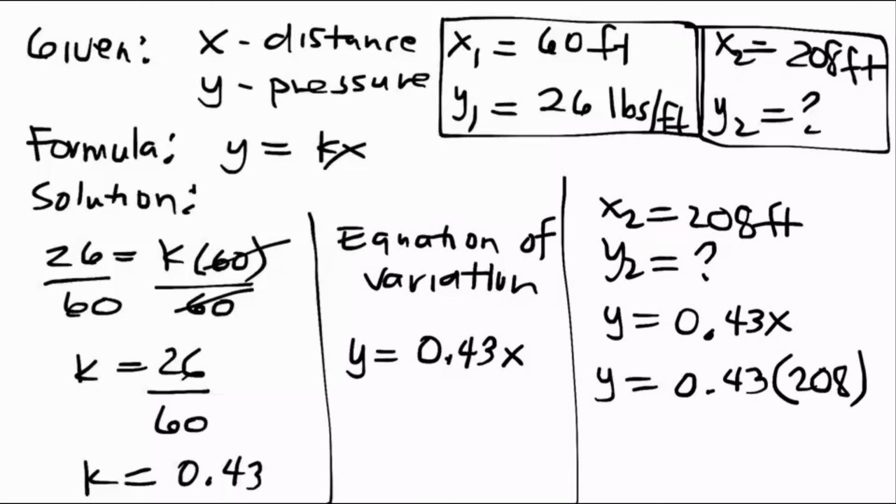So if you are using your calculator, you may now calculate them. So 0.43 multiplied by 208. So we have y is equivalent to 84.44 pounds per feet. Yeah, so therefore that is our answer.